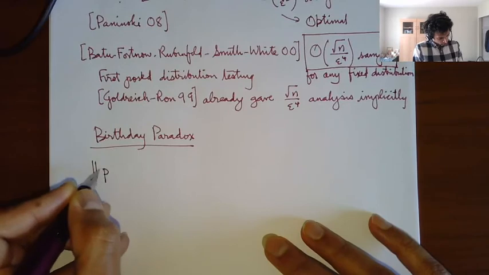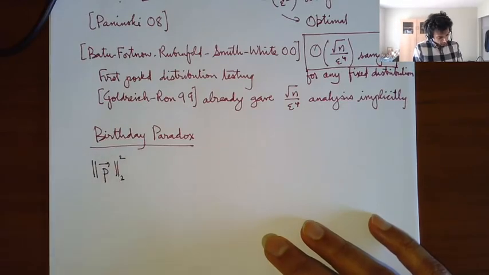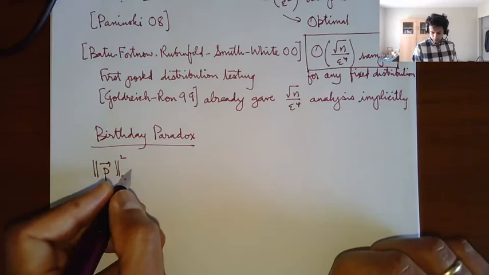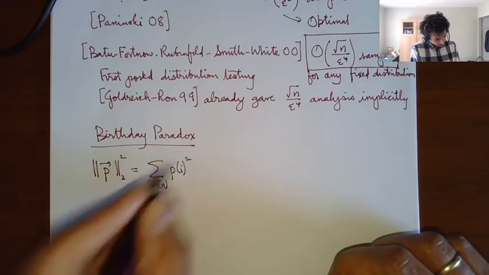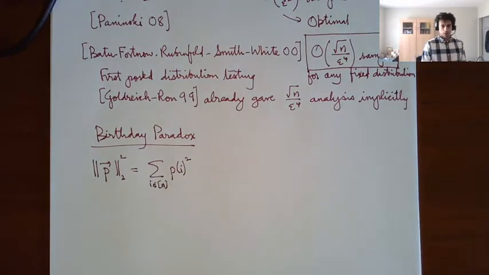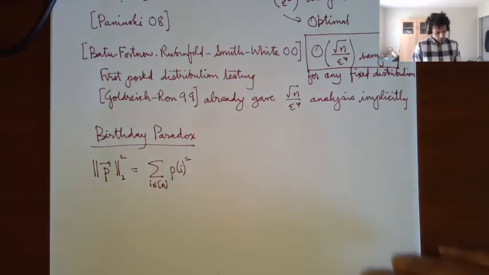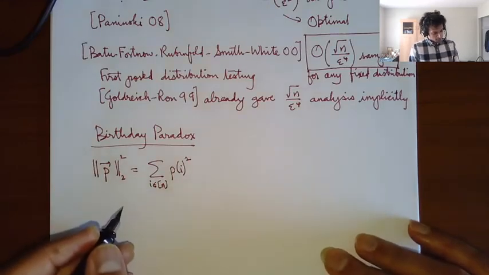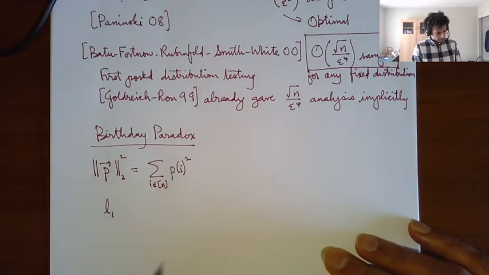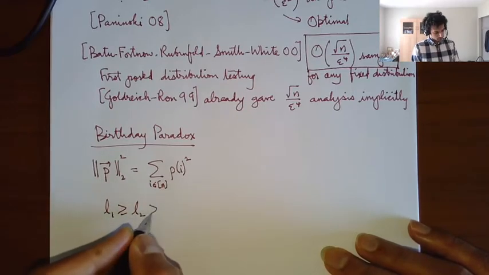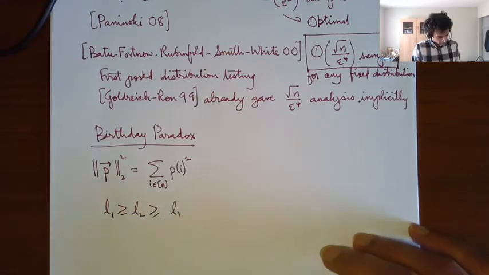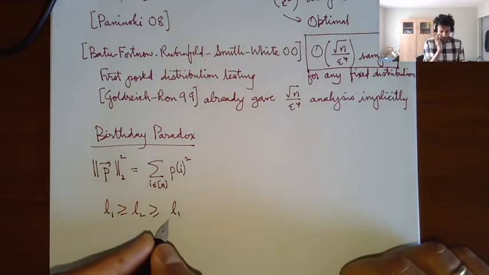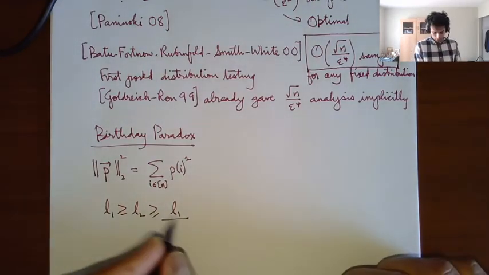For any distribution, let me look at the 2-norm squared. What is this? It is the summation over i in n of p of i squared. Remember that the L1 distance is greater than the L2 distance, and the L2 distance is greater than the L1 distance divided by root n.